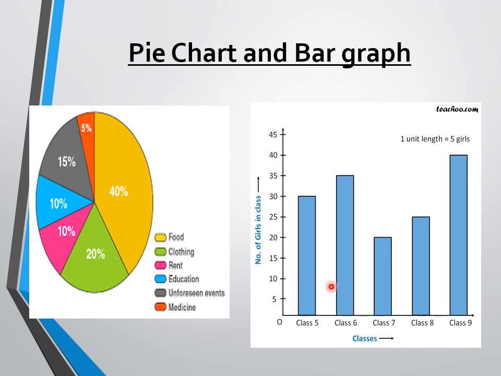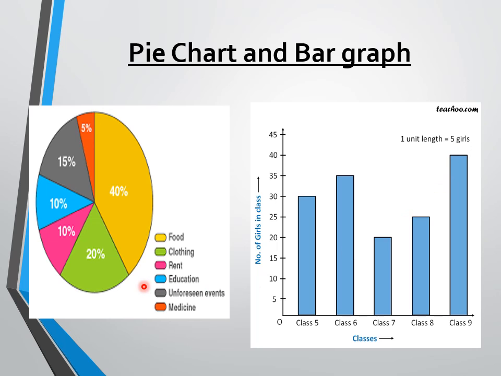For example, if you see these thin rectangles, we call them bars, hence the name bar graph. The position of bars represents the variables. For example, here you can see classes 5, 6, 7 and 8, and here the number of girls in the classes. For example, class 5 means there are 30 girls. Here they have mentioned that one unit of strength is 5 girls.